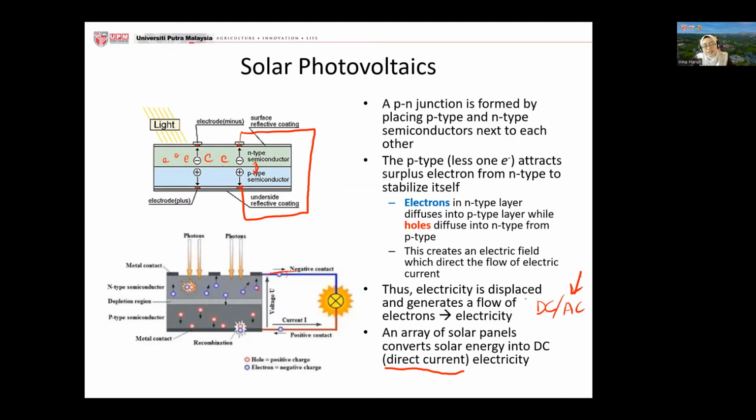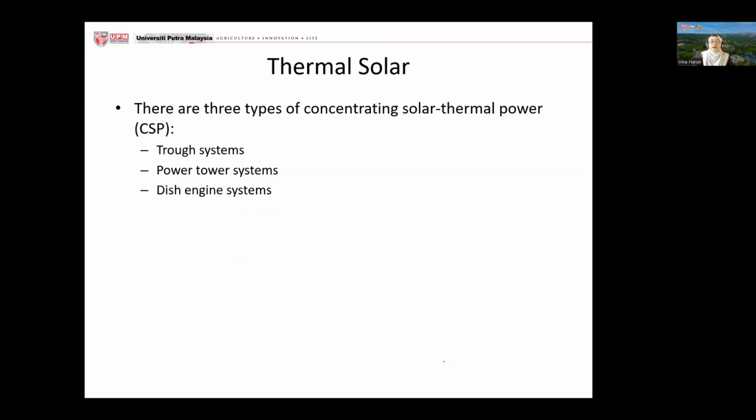And this is one of the things that people have to bear in mind when they use solar PV. Solar PV generates a direct current, not alternating current, right? So there are implications there, but don't worry, we'll look at that a little bit more later.